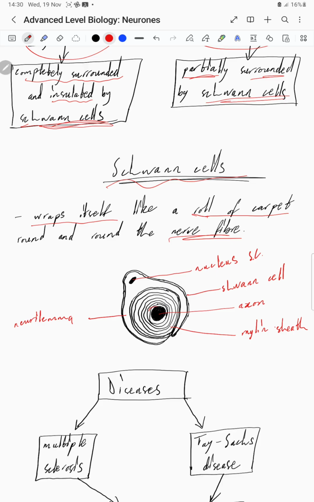For example, the dendron will be at the center like the axon there, and then we have the myelin sheath, the membrane surrounding that axon or dendron, and then the cytoplasm, which is the neurilemma, and then the nucleus of the Schwann cell. So this is a cross section of it.